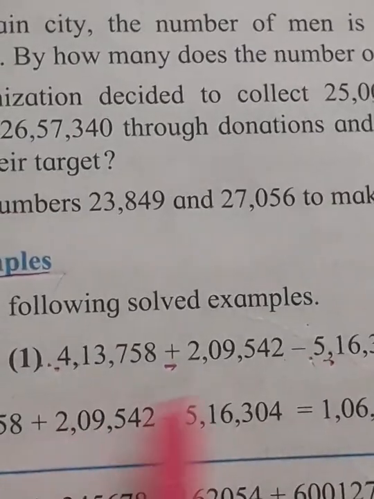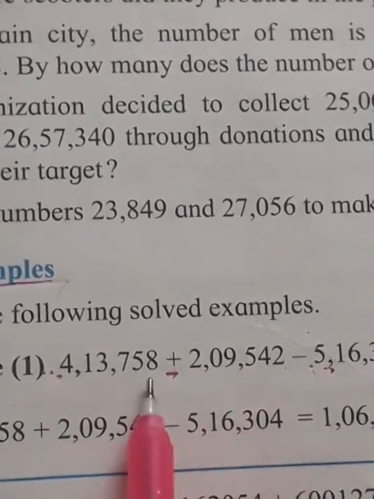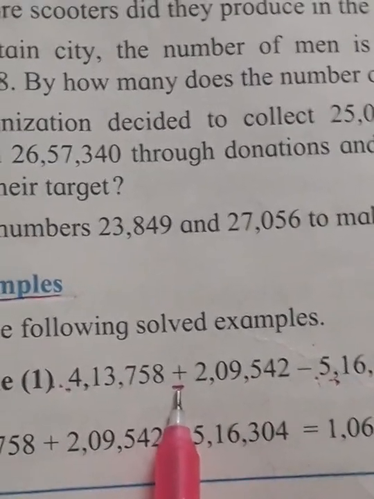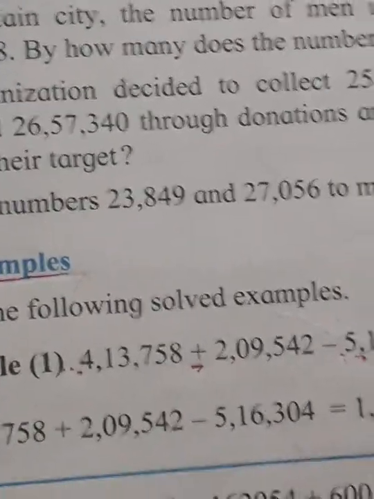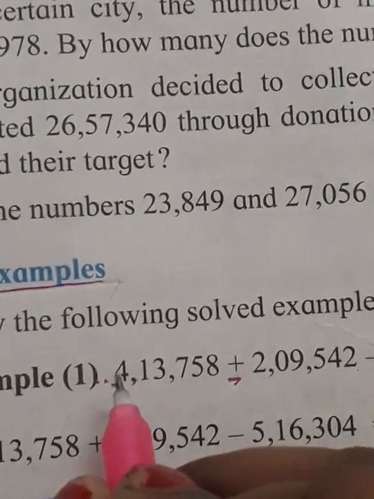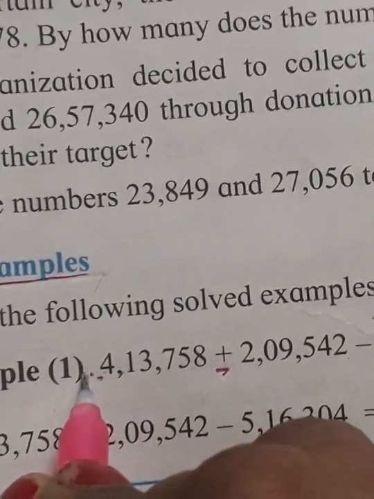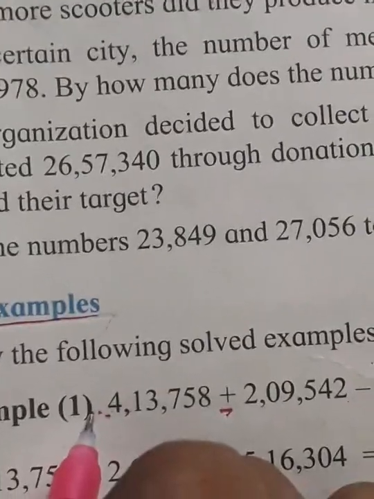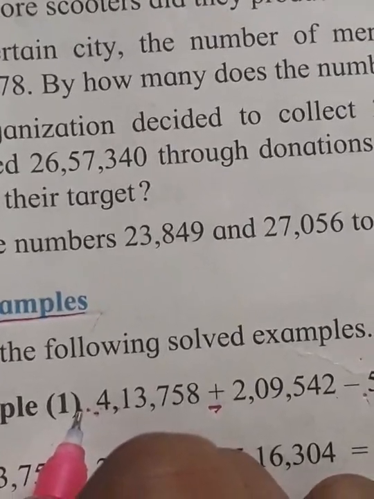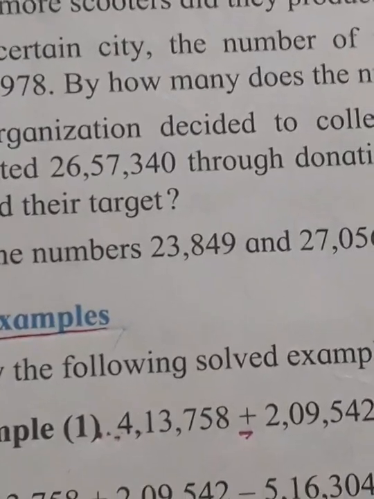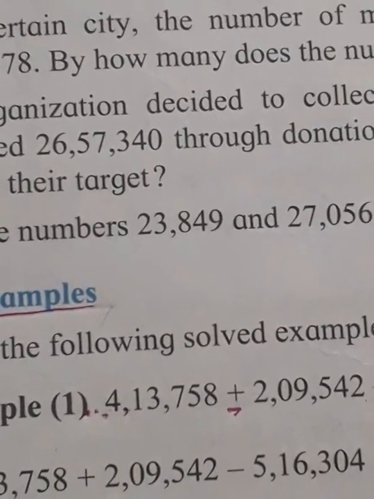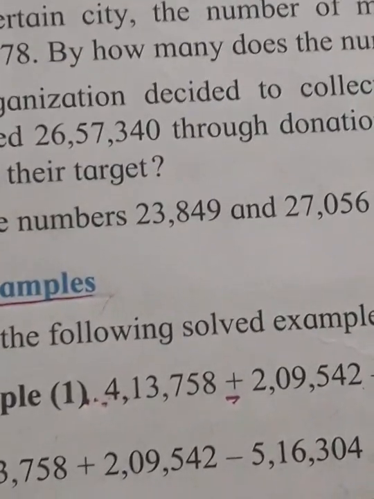So first of all, see this question carefully. Between these two numbers you get an addition sign, okay. So first of all you will solve the addition. Before 4, which sign is there? Nothing. If the sign is not given, that 4 is a positive number. Clear?